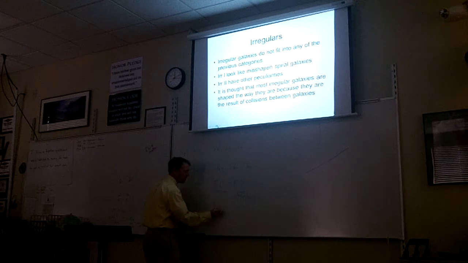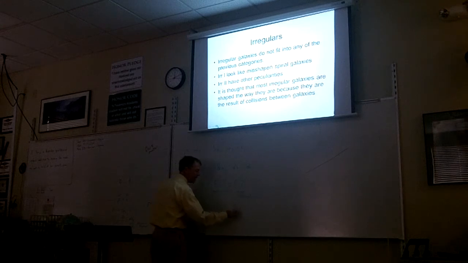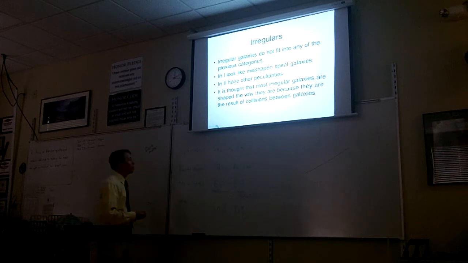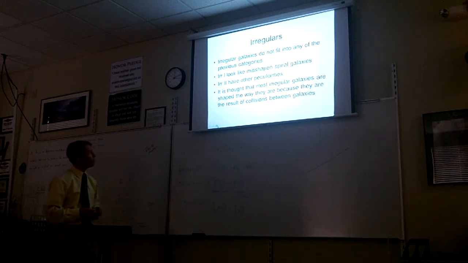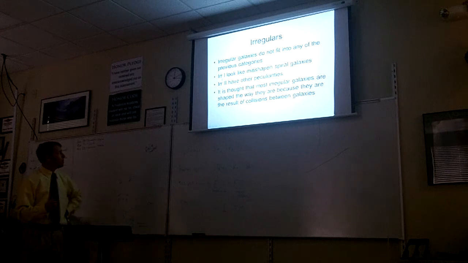IRR is used for irregular, and then a Roman numeral. So irregular Roman numeral 1 and irregular Roman numeral 2. Irregular 1 look like misshapen spiral galaxies. Irregular 2 have other peculiarities and problems.